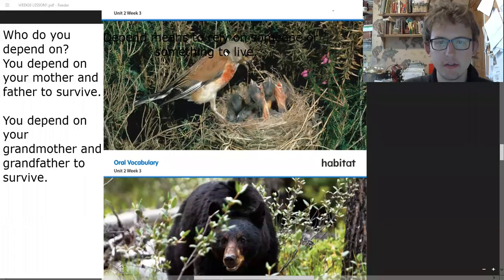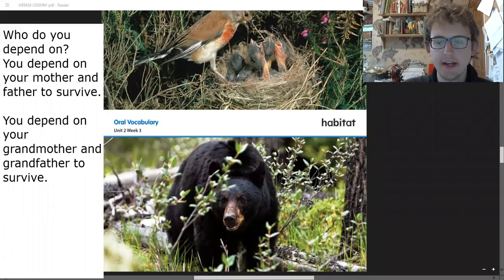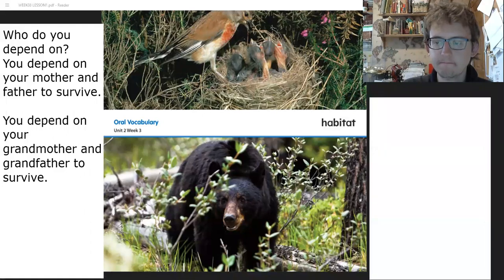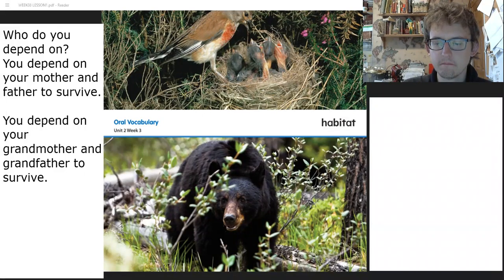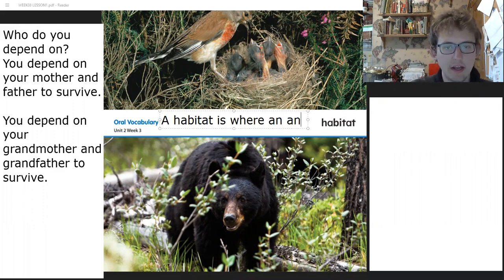Let me erase this. So the next word is habitat. So a habitat is where an animal lives.